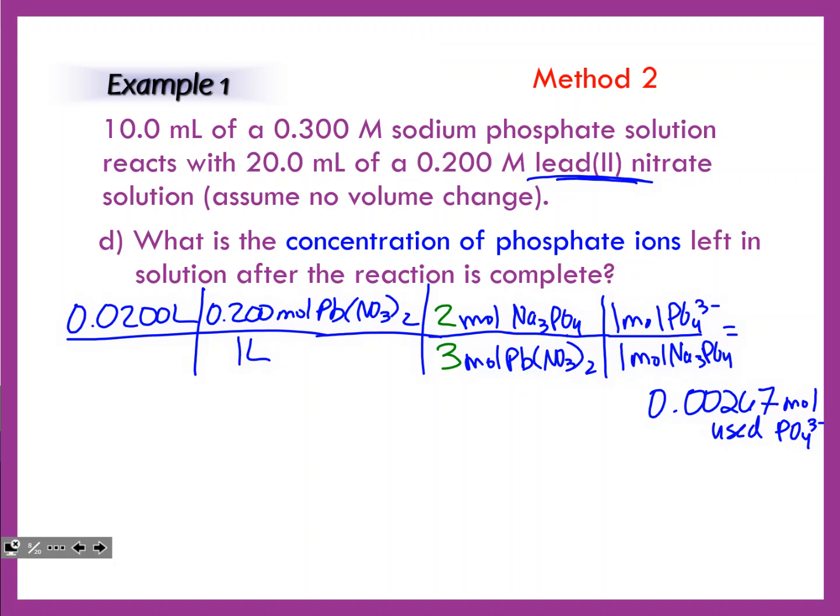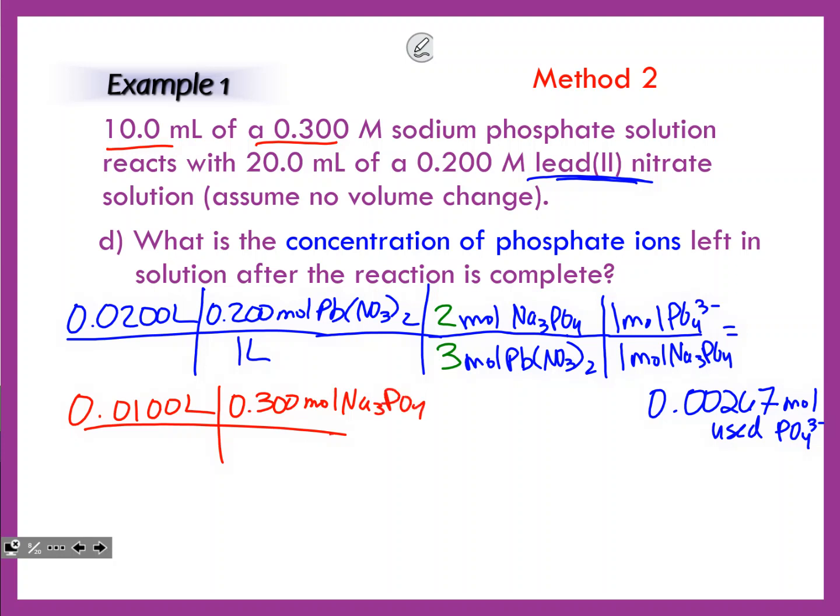Now we have to figure out how many moles of the phosphate did we start with. That's why the subtraction way of doing the product subtraction is probably easier in this case. So, how many moles did we start with? Got to work another track here. One mole Na3PO4 to 1 mole PO4.